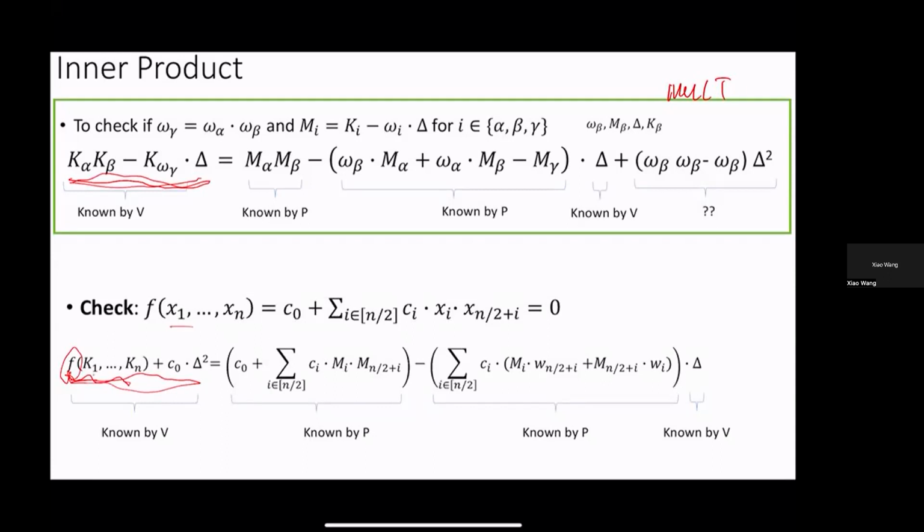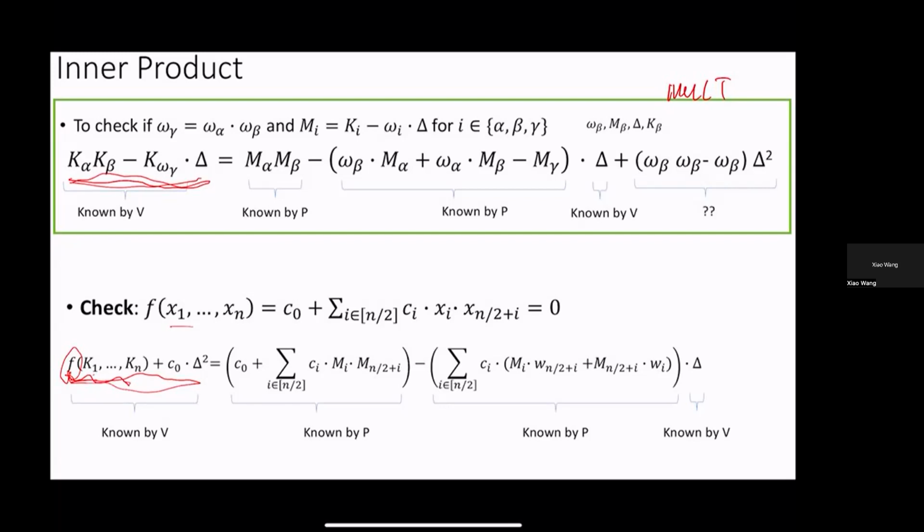It's actually a little bit too complicated, so maybe I will not go into the details of exactly how it works, but we have some explanation in our paper. Essentially, the idea is that even if it is the inner product, we can convert the task of proving the inner product into a similar task of checking the degree of the polynomial.